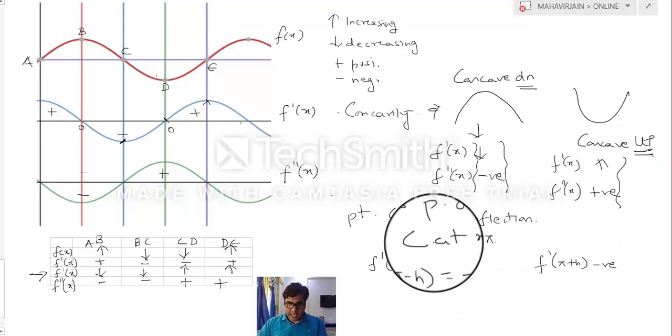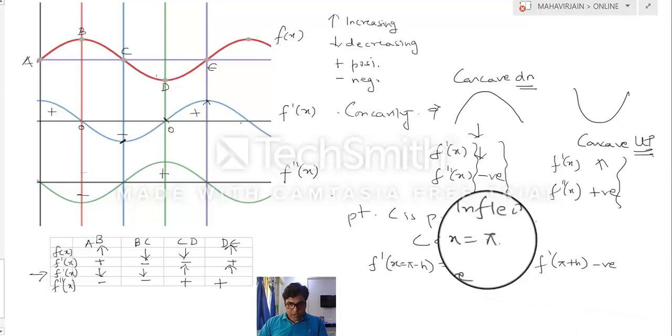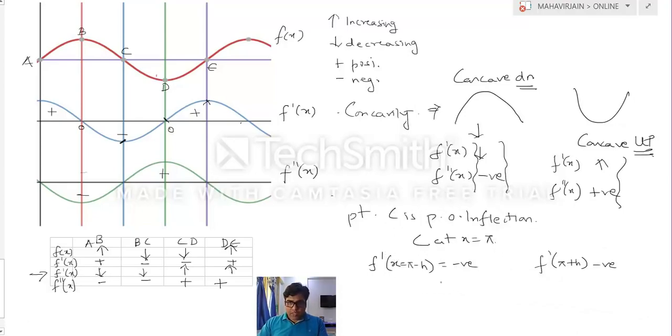That means I can say at a point of inflection, before and after, the derivative would be of the same sign. Derivative would be of the same sign. Right? Next, f double dash of pi minus h. Check that. What is that? It is negative. And f double dash of pi plus h. What is that?